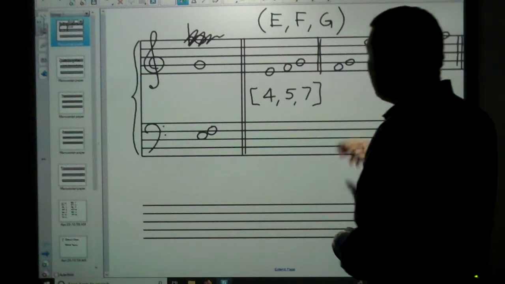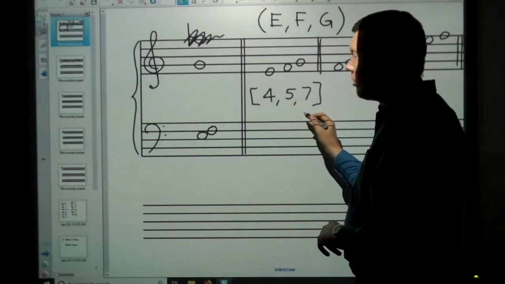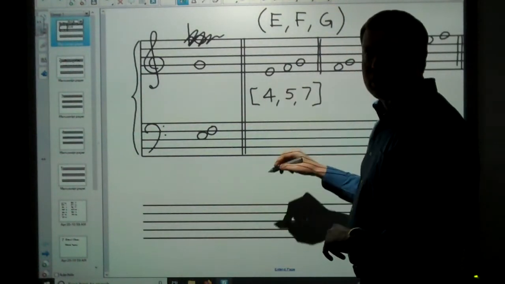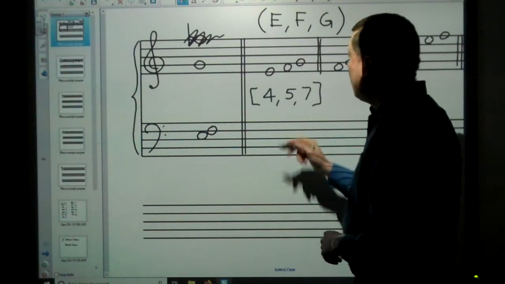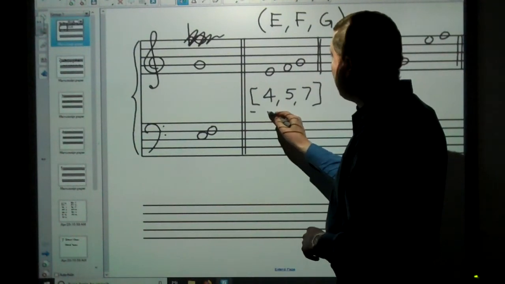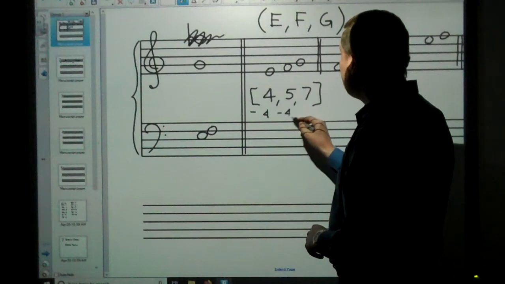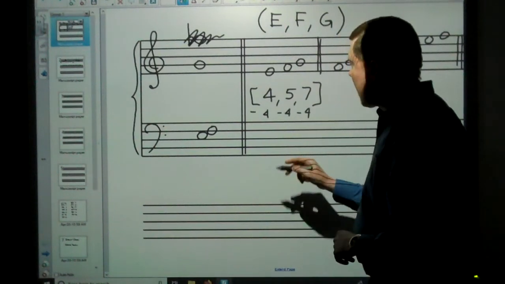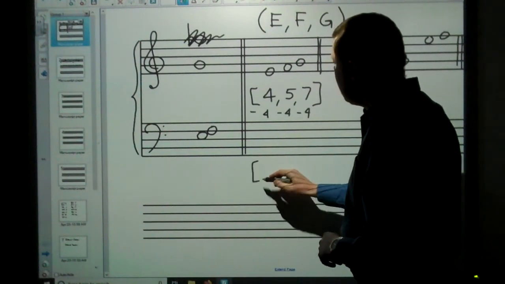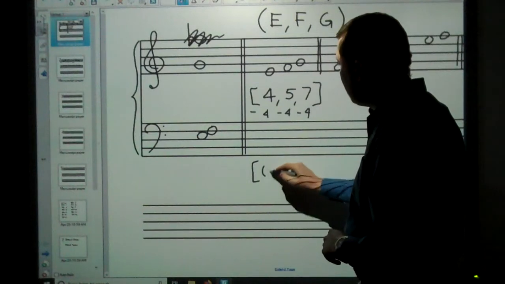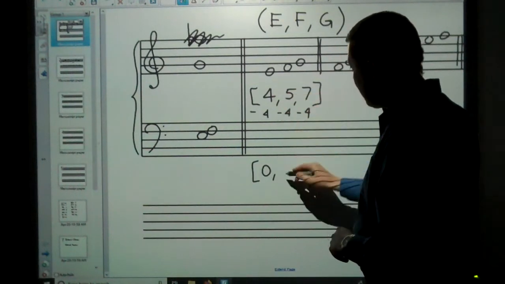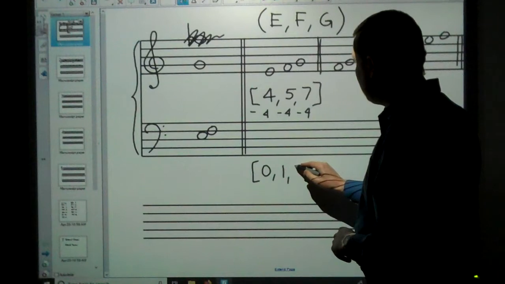Okay. When I reduce this normal order so that the first number is a 0, I will subtract 4 from all of these pitch class integers, and I will get the normal order that starts with 0: 0, 5 minus 4 is 1, and 7 minus 4 is 3.